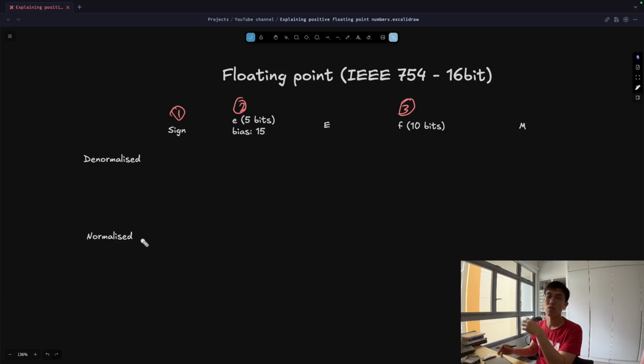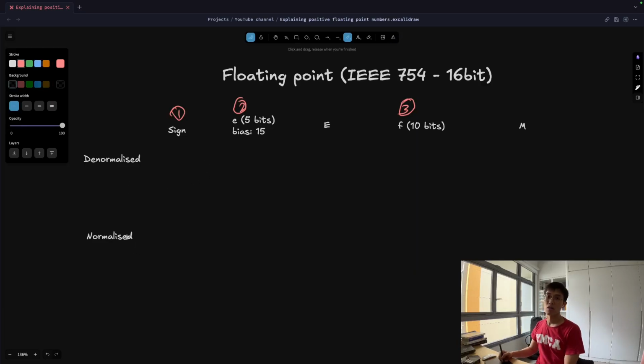I do not know the origin of these names. But the two types of floating point numbers have slightly different behaviors, or rather, the bits are interpreted slightly differently depending on whether they are denormalized or normalized.